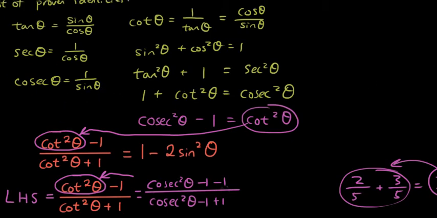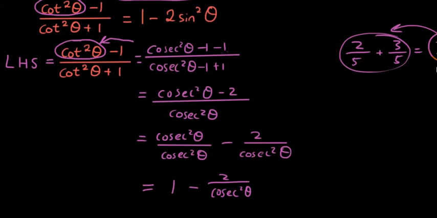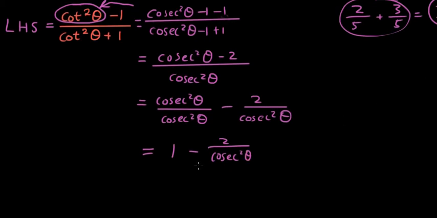So therefore, let's just work on the side a little bit. We have in the identity cosec theta is equal to 1 over sine theta.